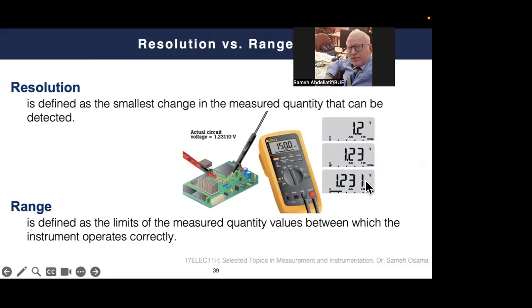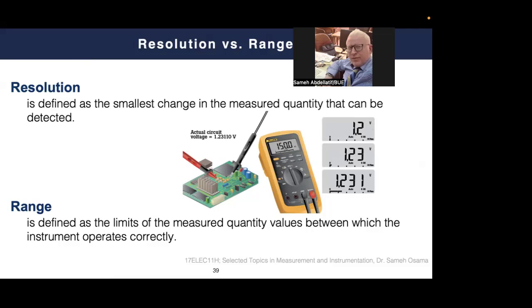If it's 3 digits after the decimal, it's 0.001. So the larger the number of digits after the decimal, simply the higher the resolution. So for example, here I consider the voltage is 1.2, but it seems like the exact voltage is 1.231, which means that I ignore 0.031, which is considered as an error, mainly due to the limited resolution of my instrument or of my sensor. So this is another way.